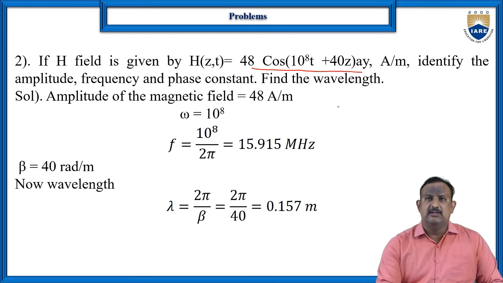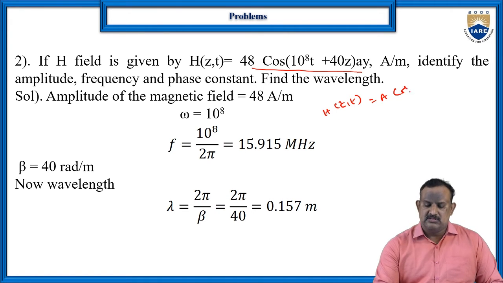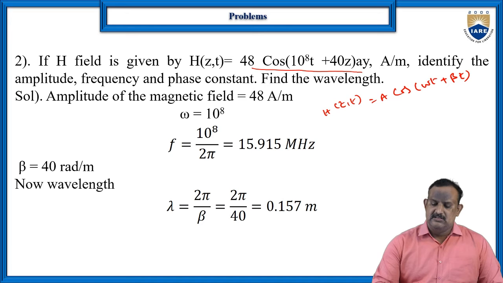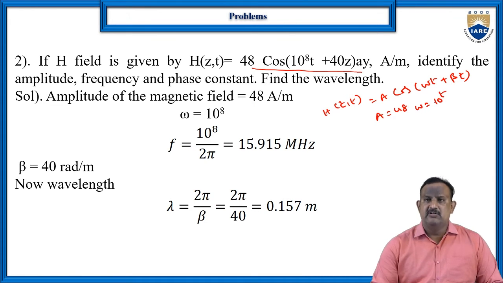The given magnetic field intensity is of the form H of z comma t equal to some amplitude A into cos of omega t plus beta z. If you compare the given expression, the amplitude A is equal to 48, the angular frequency omega is 10 power 8, and the phase constant beta is equal to 40.